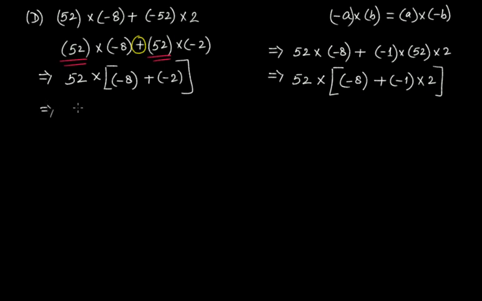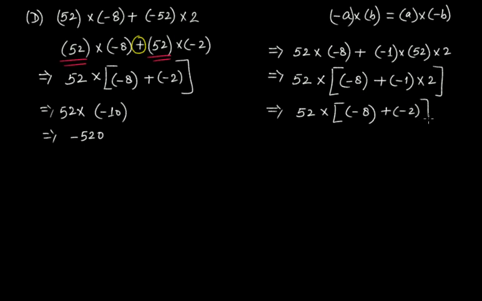Solve this one. You have 2 times minus 1 will be minus 2, therefore plus minus 2. This will be 52 times minus 8 minus 2, 52 times minus 10.